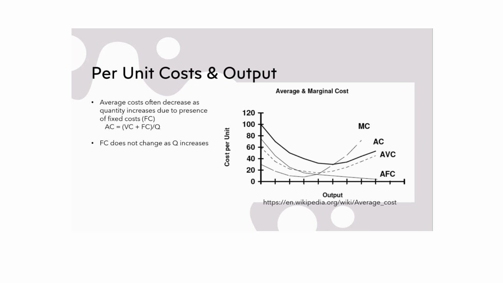And the moment the firm starts producing, there will be output, so that with increasing output, the unit costs will be decreasing, all of them decreasing, and then reach their minimum points. After reaching the minimum points, each of these unit costs will start to increase as output increases.